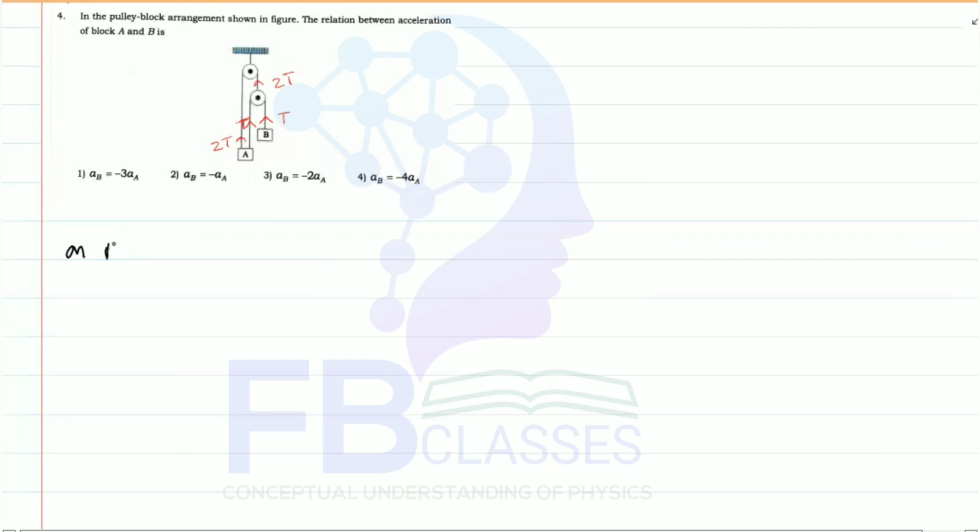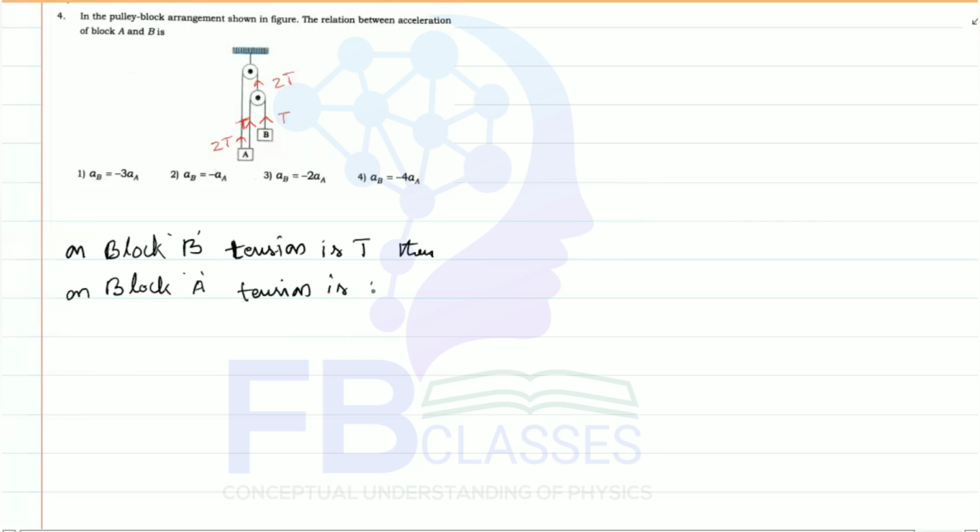Yes or no? So on block B, tension is T, right? Then on block A, tension is 3T. Okay, T plus 2T is equal to 3T.